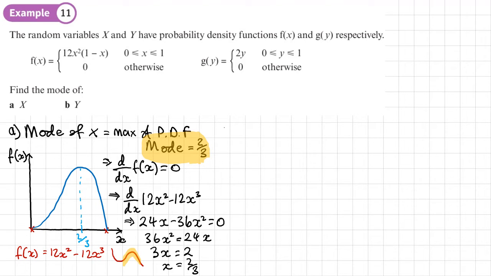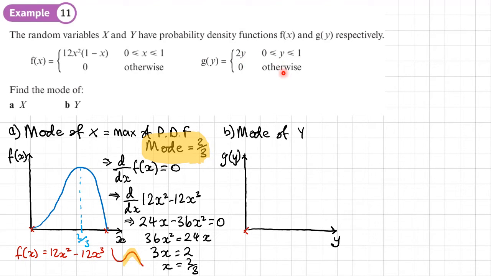Moving on to part B, we want to find the mode of y. So again, we're going to draw a sketch. This one's nice and easy because it's just a linear function, 2y. That means it's going to start at this end here when y is 0, g of y is 0, 2 times 0 is 0.